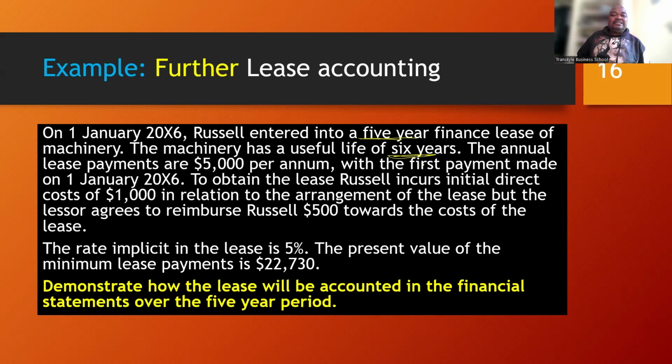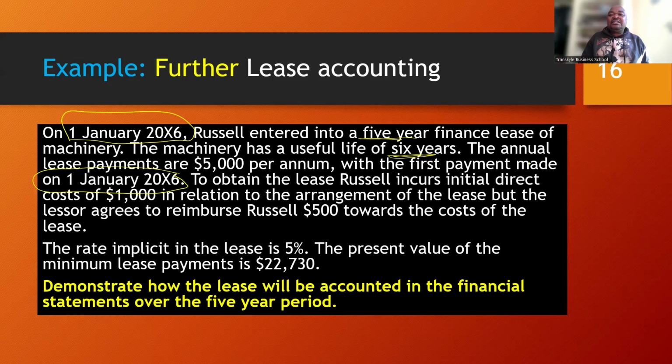The annual lease payments are 5,000 per annum, with the first payment made on 1 January 2026. So we entered the contract on 1 January 2026, and we are required to make the first payment on that date.